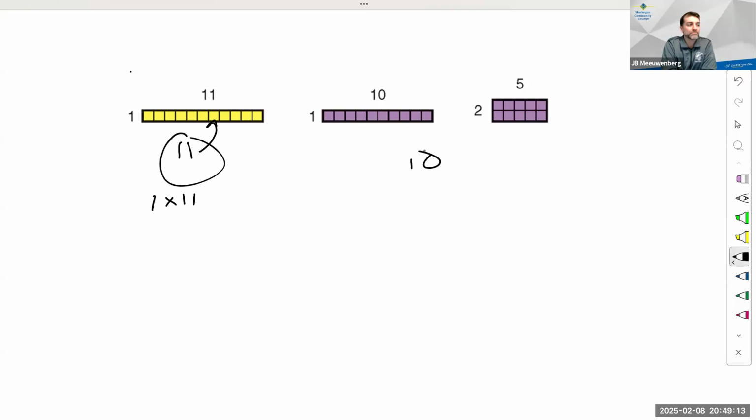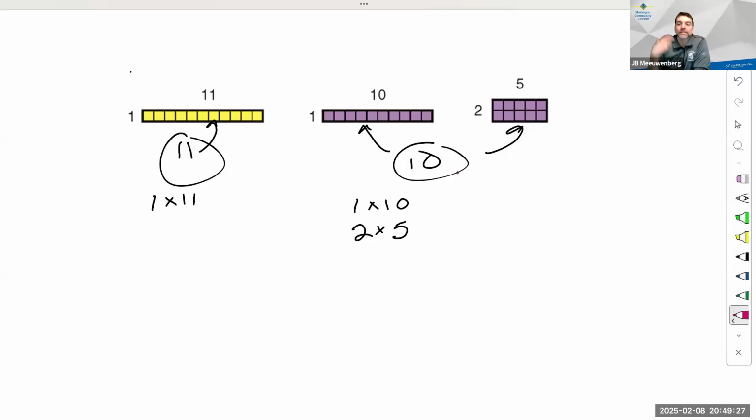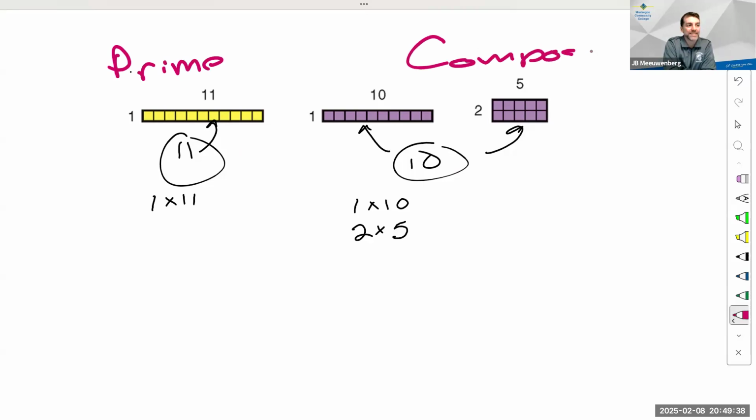Well, if we say the number 10, and I say make arrays for that, you've got 2 options, that one or that one. 1 times 10 is equal to 10, but so is 2 times 5. And so this is how we can easily explain, through visuals and manipulatives, the concept of what we call a prime number, or what we call a composite number.